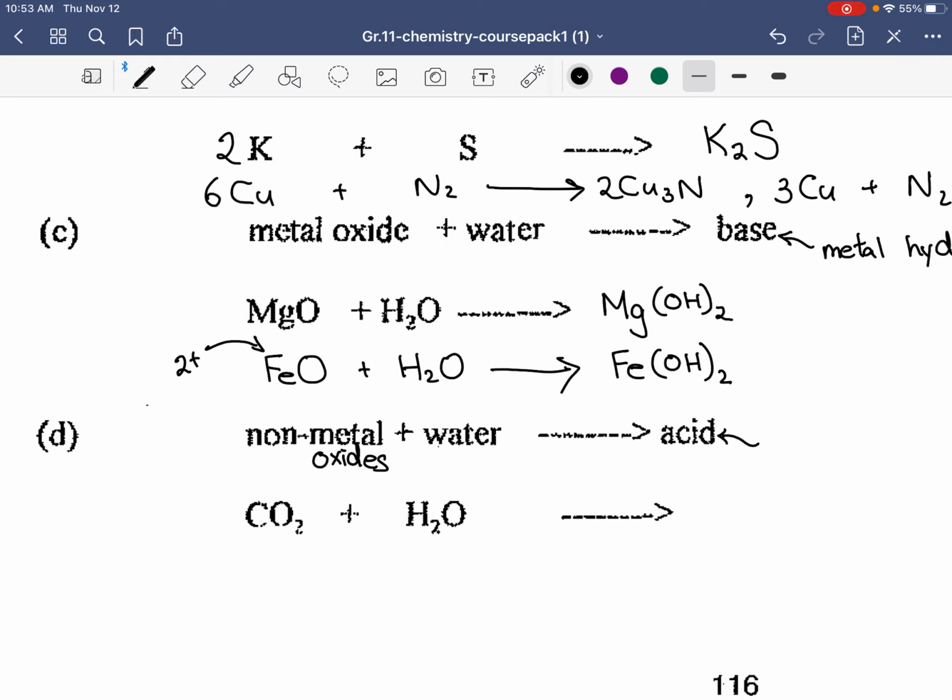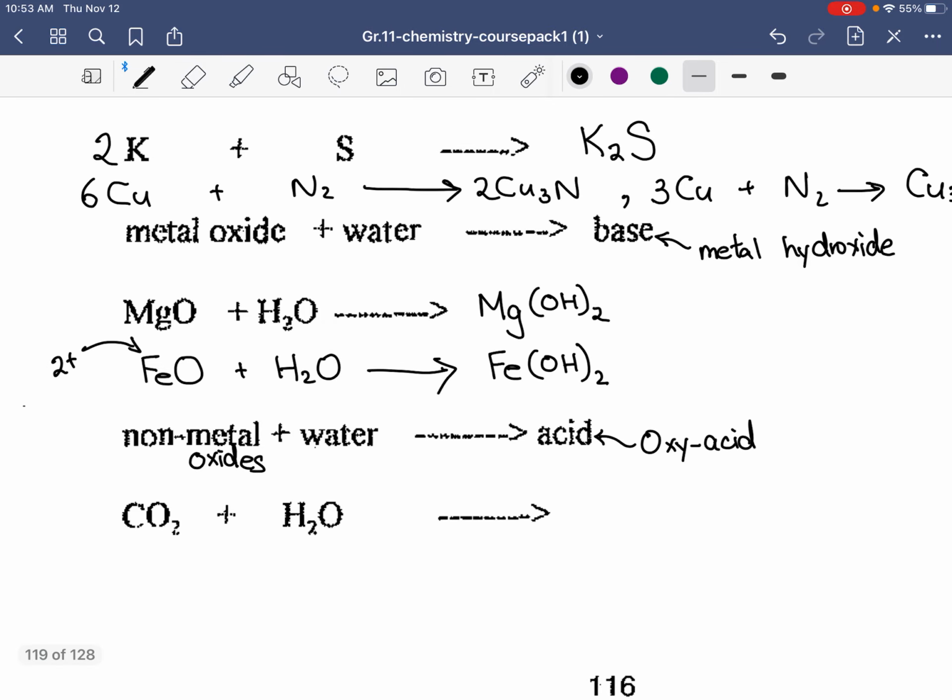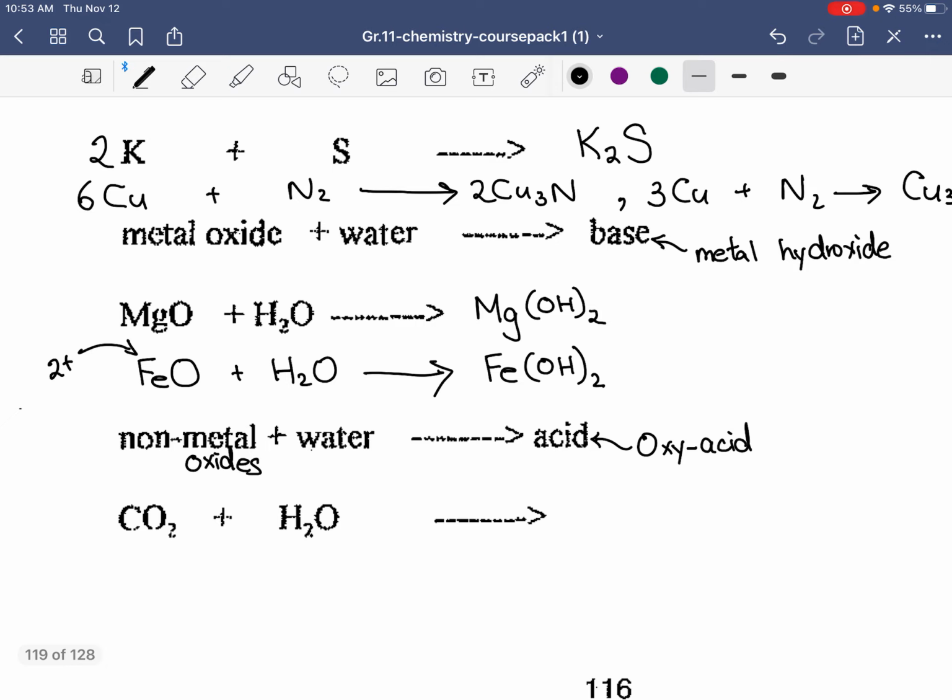In many cases, it's going to be an oxyacid, which we have already talked about. These are a little harder to predict too, because there are different variations of oxyacids, especially when you play with the number of oxygen atoms. So again, some of these things may have to be memorized, like this one. Carbon dioxide reacting with water will give you carbonic acid.